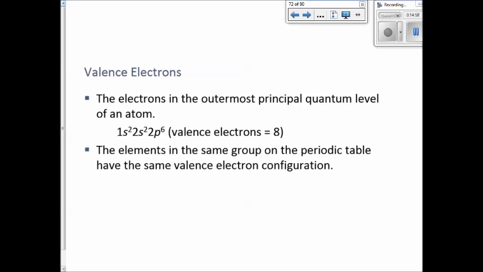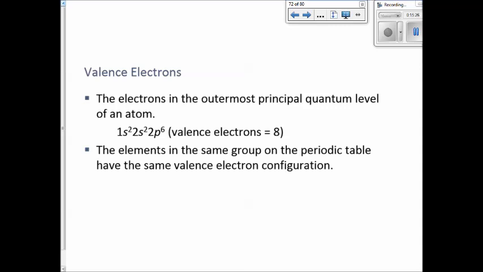Which sublevels? P and S. It's going to be your s's and p's. Remember that d's start 1 row behind. Remember 3d comes after 4s, so 4s would be the outer energy level there. So you're really adding up your s's and p's.